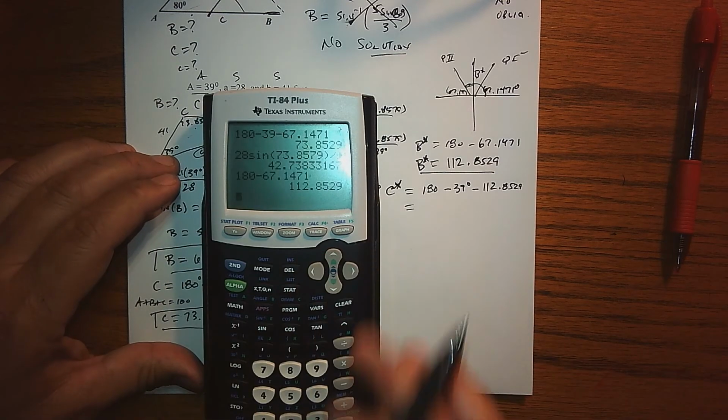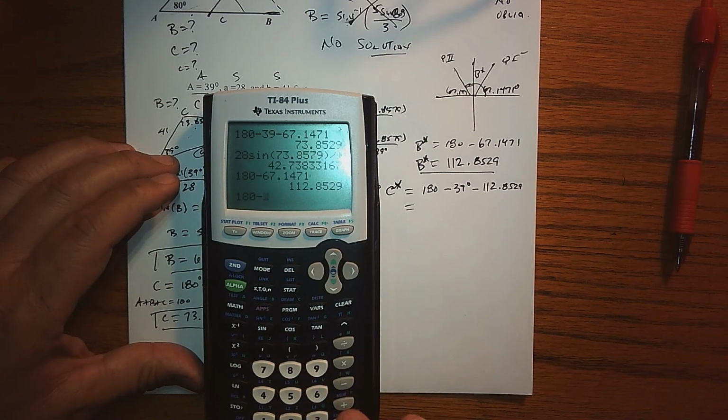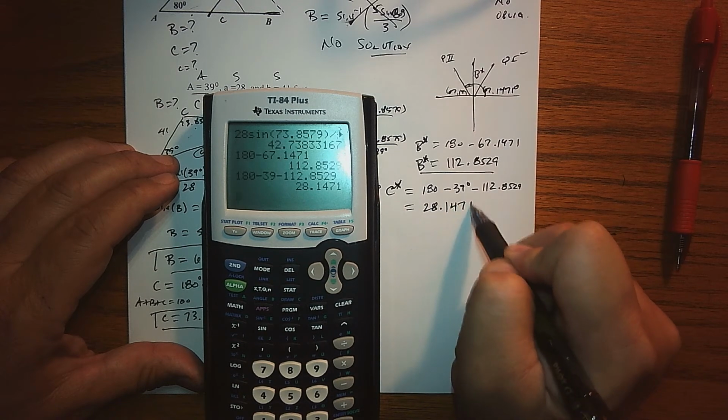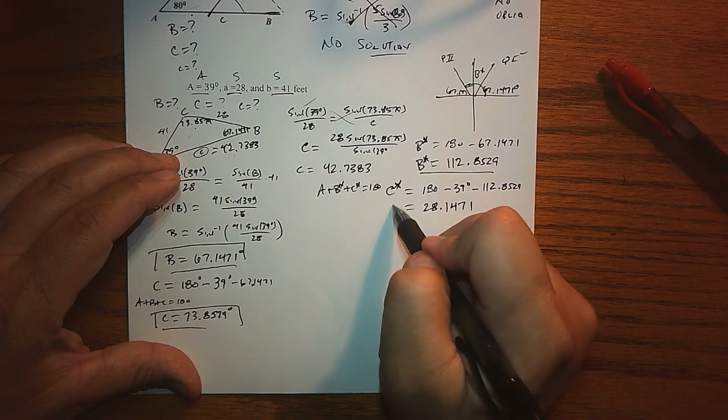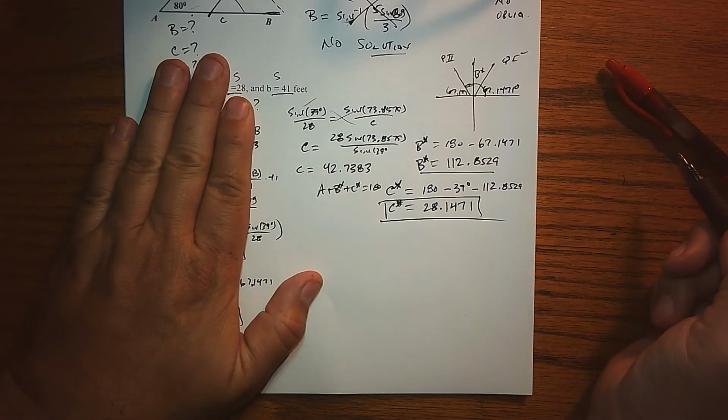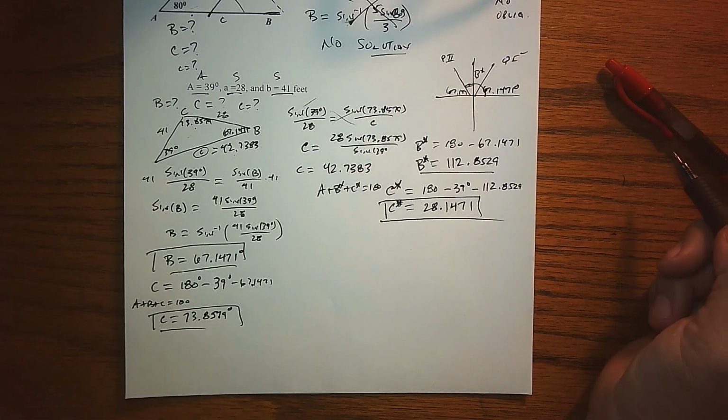So 180 minus 39 minus 112.8529 gives us an angle of 28.1471. So that basically says we do in fact have two potential solutions. The one we found over here, and then the one we're going to find over here.